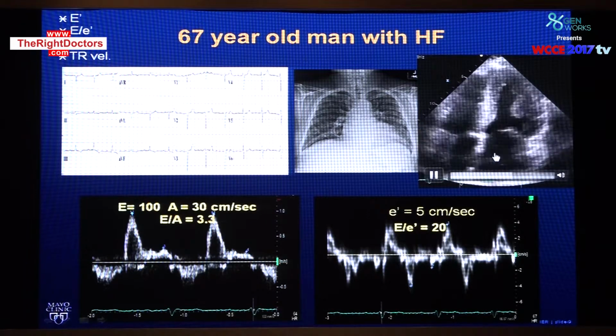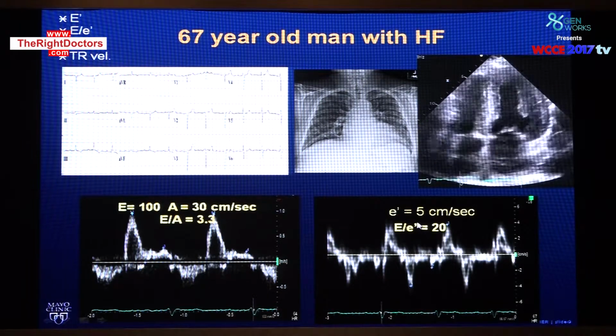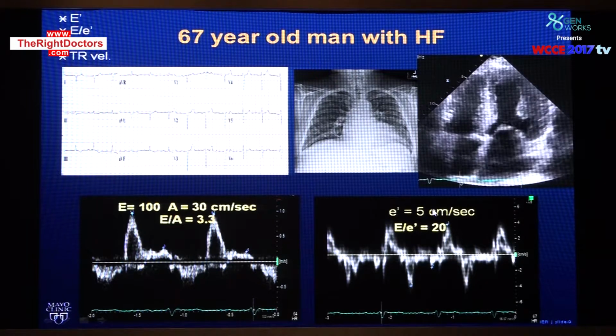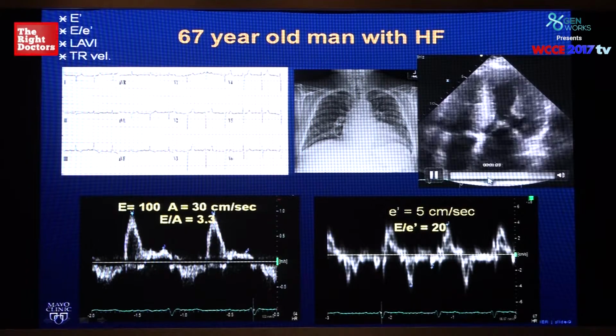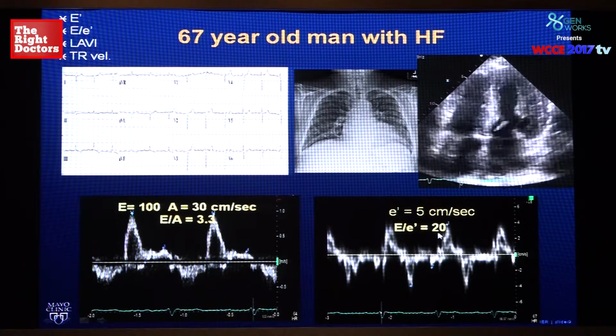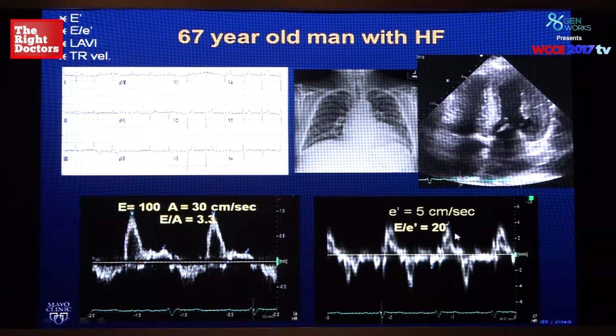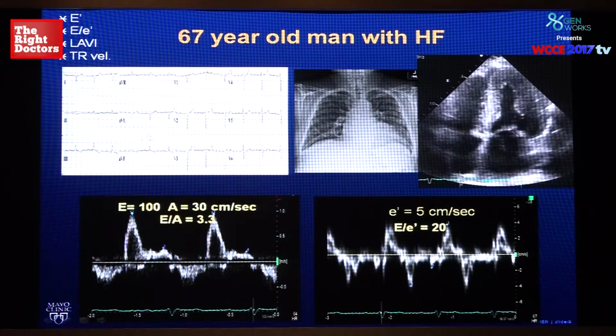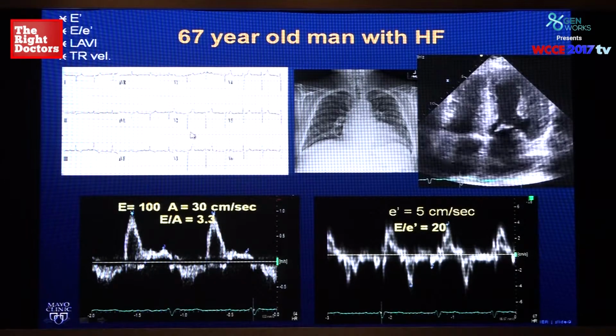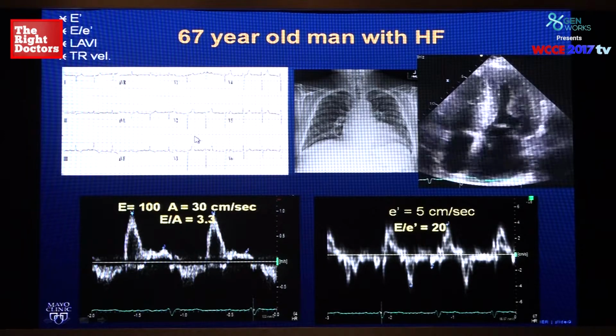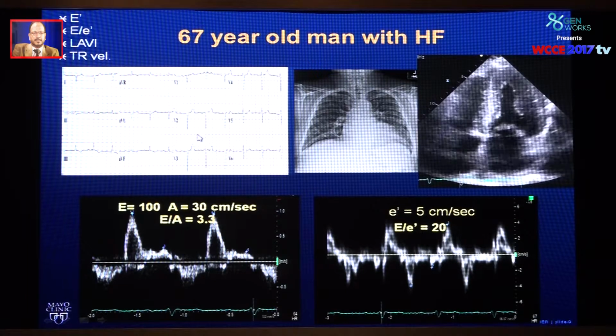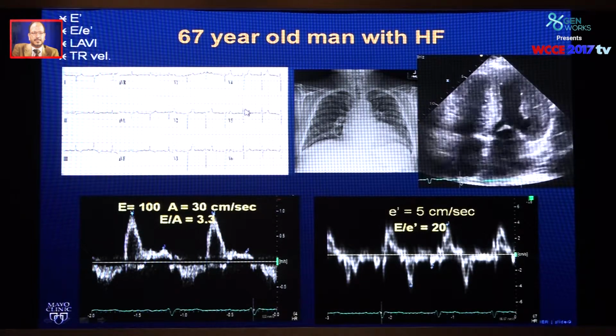LA volume is increased, and E prime velocity is 5, so severe reduction in myocardial relaxation. E over E prime is increased. Although we don't have TR velocity, 3 parameters are already abnormal, and this patient has abnormal diastolic function and increased filling pressure because the E over E prime is more than 15.